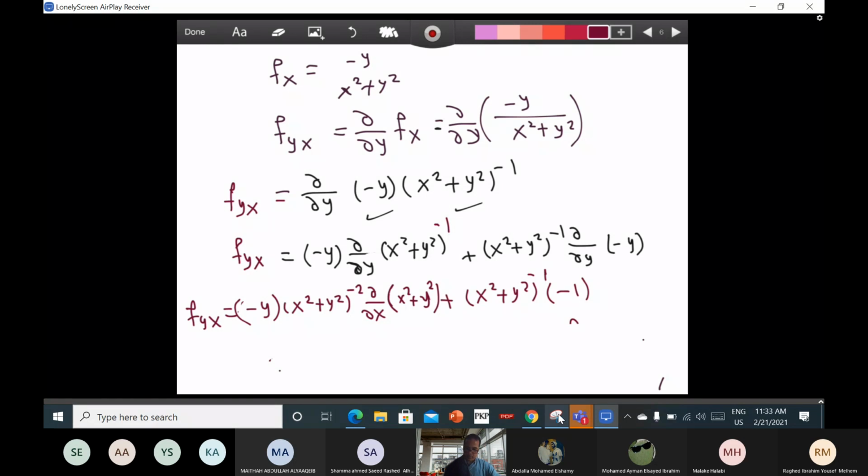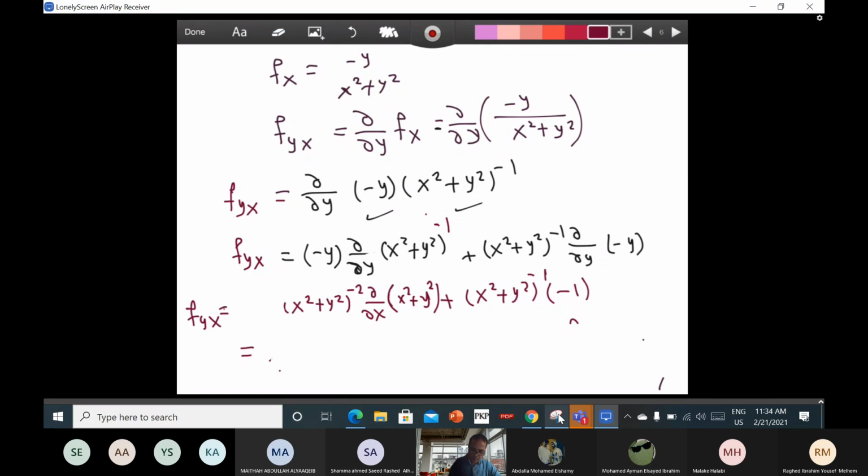So this is okay. Minus y, partial by partial x, partial y by the second one. The first, okay. Now is it okay? We missed minus 1 from the beginning. Yeah, so it will be minus 1 here. So this one will be positive 1, right? Yes. Okay, so this one, thank you very much.